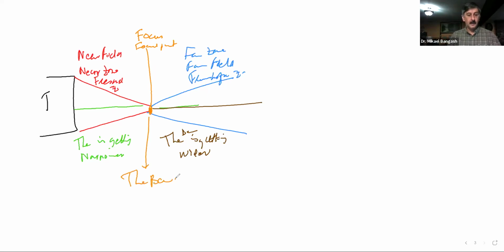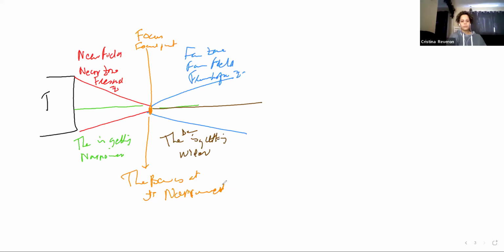The beam is at its narrowest. Did you guys get that?